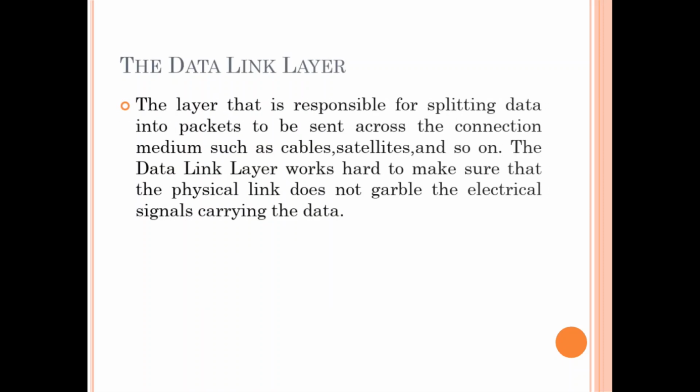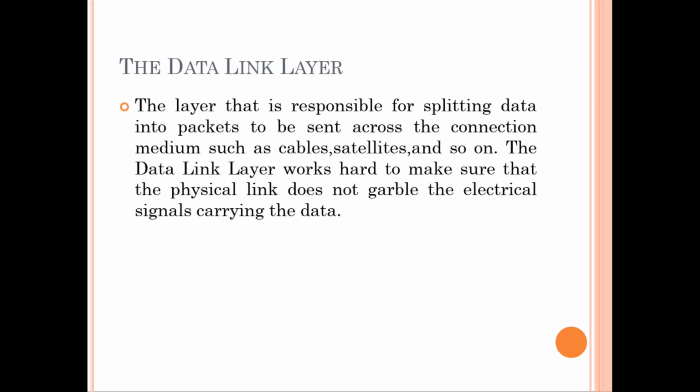The next layer is the data link layer. The data link layer is responsible for splitting data into packets. From the physical layer, it will get the data and split that data into packets and send them across the connection medium such as cable, satellites, and so on.